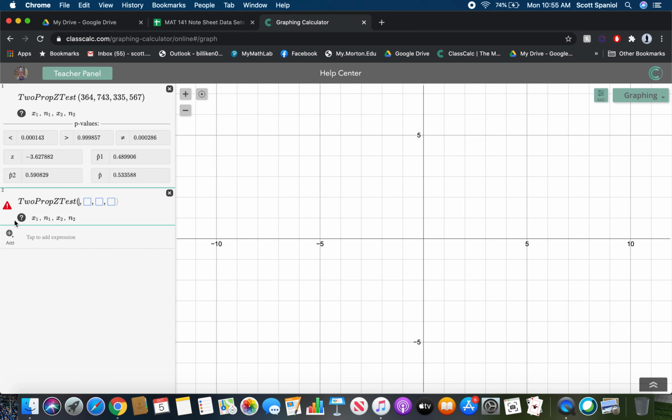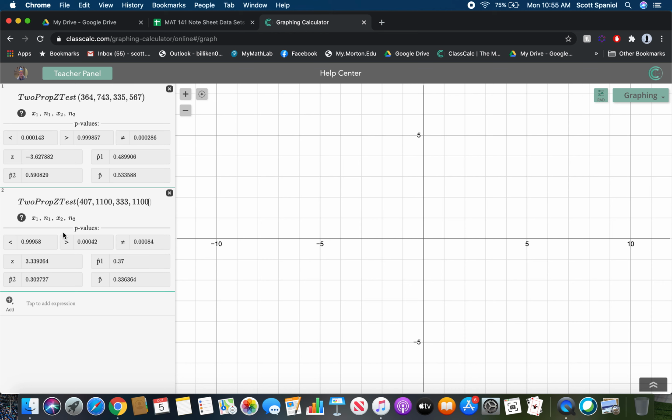If you don't want to go to the menu, you can just type in TPZT. And then we can put in our values. X for the first group was 407 out of 1100 total. And for the second group, it was 333 out of 1100 total. And over here on the right is our not equal to value. Okay, so that's the one we're going to use.